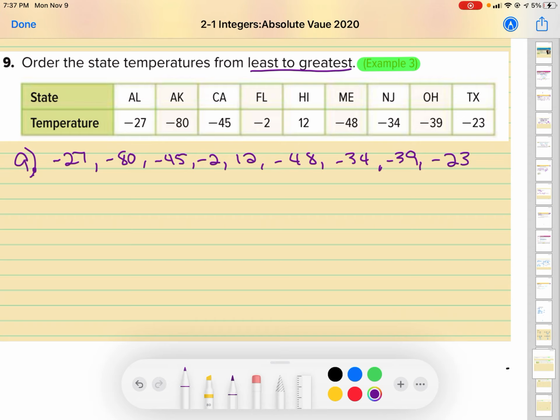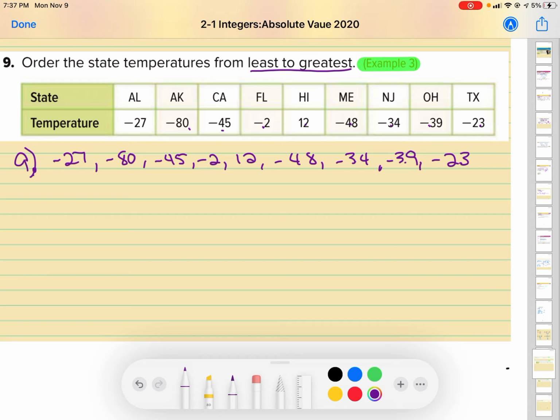And I sometimes even count when they're not this nicely lined up, if I'm copying them down from the book instead of like right here like I am. And I've got 1, 2, 3, 4, 5, 6, 7, 8, 9 numbers. Whew, because I missed one yesterday when I was doing this in class.